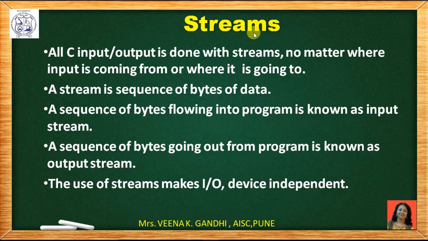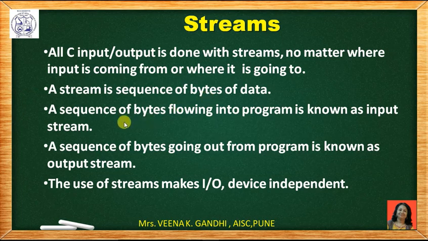Next topic, streams. We have already learned this topic in the basic C programming course. Let us revise again. C language does not have input and output statements. So all C input output is done with streams. A stream is nothing but a sequence of bytes of data.